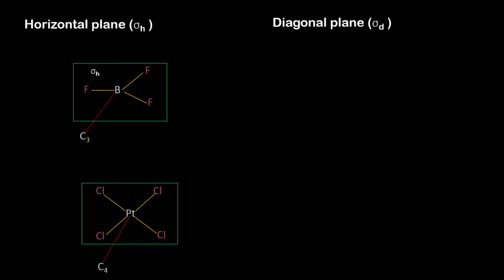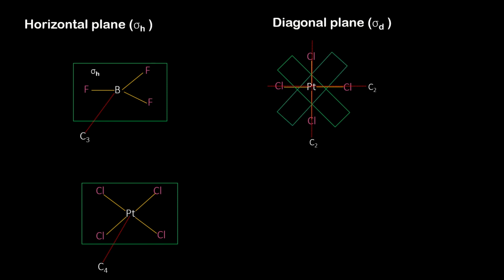Now diagonal plane. A diagonal plane bisects the angle between two C2 axes. The example again is platinum tetrachloride. Here two C2 are shown. The plane which bisects two C2 is known as the diagonal plane.